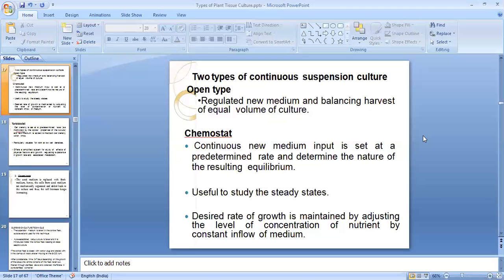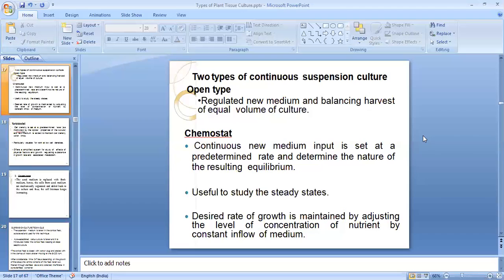So that will be sensed by the sensors, and automatically the fresh culture medium is allowed inside, and whatever has been produced earlier in the bioreactor will be automatically removed. So that is why the desired rate of growth is maintained by adjusting the concentration of nutrient by constant inflow of the medium. I think you got my point.